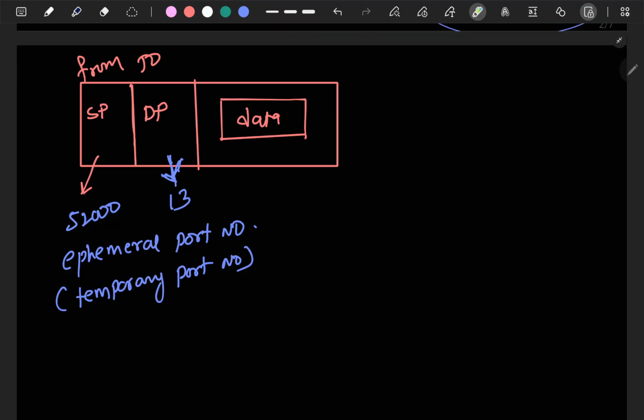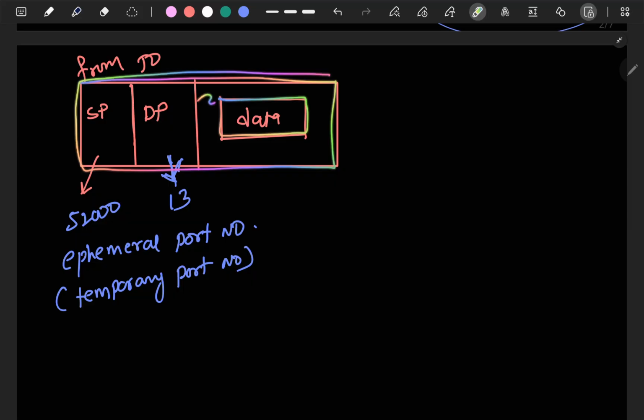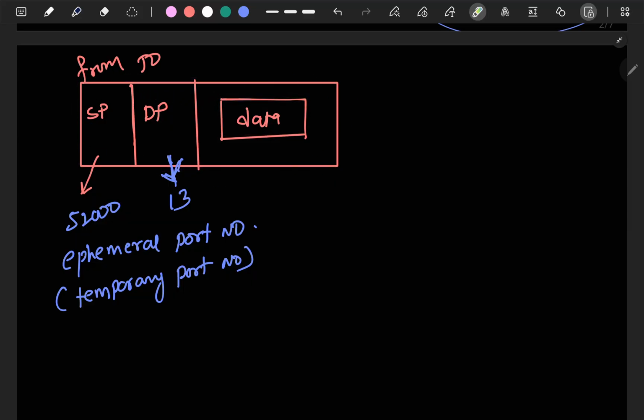In the previous lecture I was talking about data, right? And this data is inside something called a header. It's like an envelope or a cover, and in this header we have all the information which is used for this data to get delivered at the destination. So what is all that information?